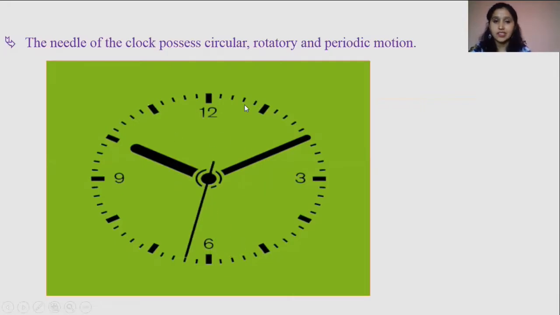The path covered by the tip of the needles is circular, the needles themselves have rotatory motion, and the gap of time between movements of each needle gives periodic motion. In this way there are different kinds of motion at the same time.